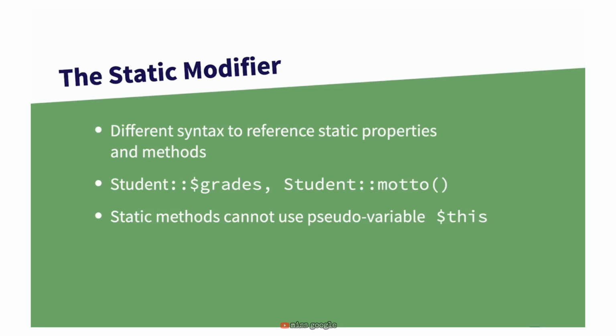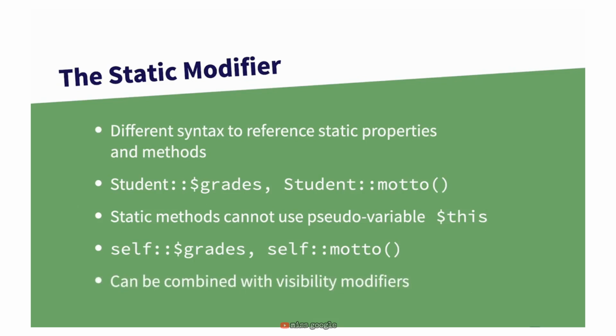Instead, if a static method wants to refer to the current class, it can either do it by using the class name and 2 colons, or even better, it can use the special keyword self. So self::, and then the property or the method. It's considered a best practice to use the class name when you're outside the class and to use self when you're writing code inside the class.